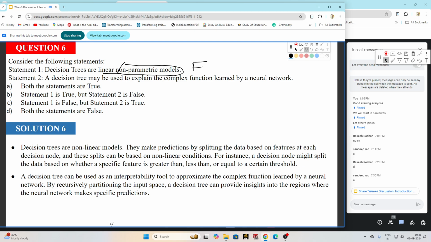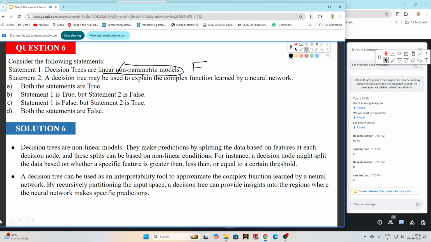Of all the machine learning models you have discussed, linear regression, logistic regression, SVM or artificial neural network, all are not well interpretable. Linear regression is okay, but SVM and neural networks are not well interpretable.